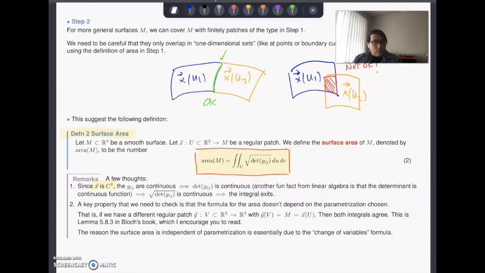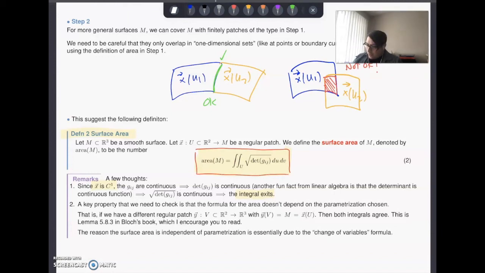And if you take the square root, also a continuous operation. The only thing you have to avoid is, of course, taking the square root of 0. That's where you lose your regularity. But all of that is to say that C1, that innocent little condition, is enough to say that this integral exists. Integrating a continuous function will exist as a Riemann integral.